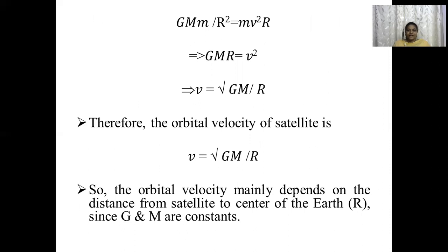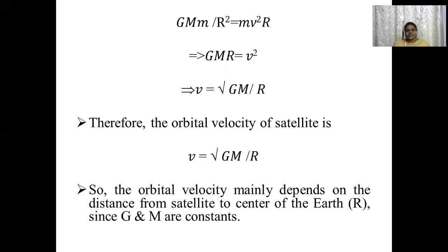So after equating, we are getting the orbital velocity, small v, as root over GM by r. So the orbital velocity mainly depends upon two constants, the gravitational constant and the mass of the Earth.